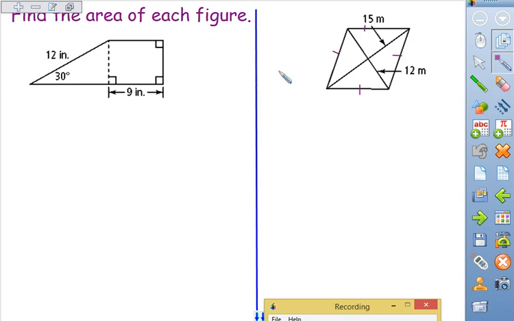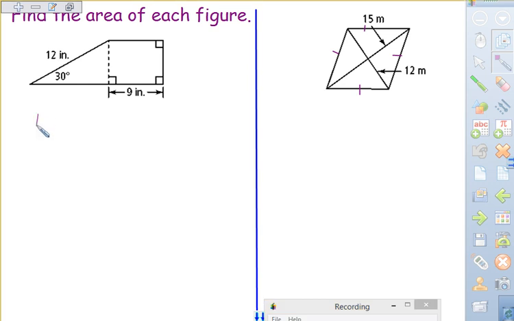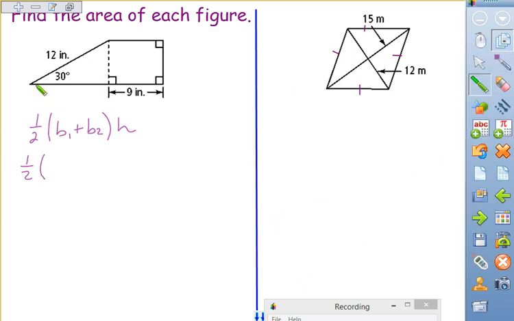These next examples get a little more involved. When I see an angle measure, I'm thinking I might have to use some trig. So first name the shape. This is a trapezoid. So I have 1/2 base 1 plus base 2 times the height. So one of my bases is the green, and the other base is this green.